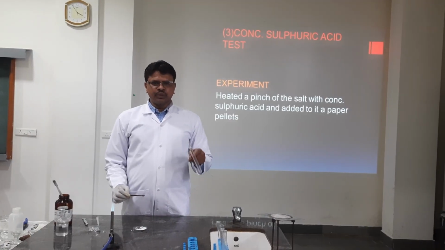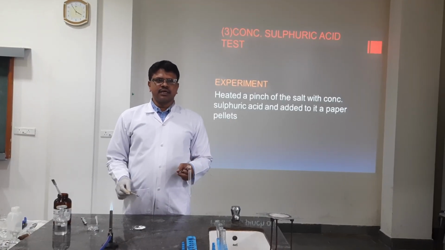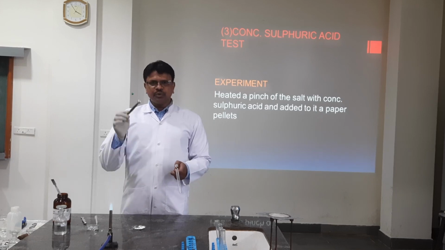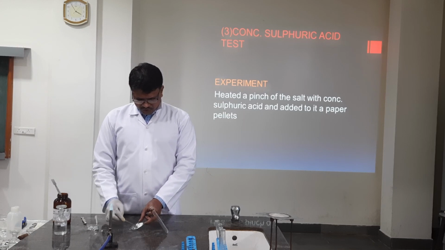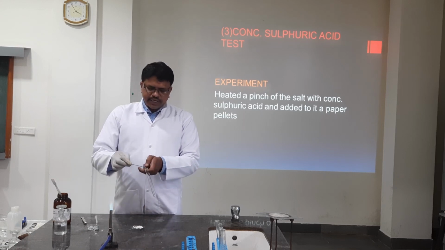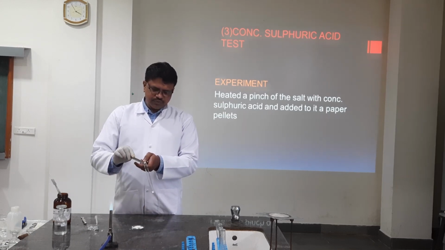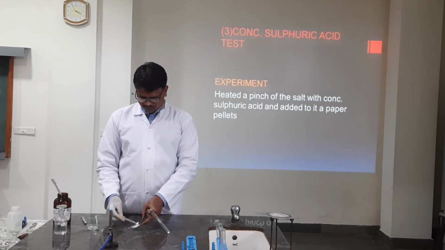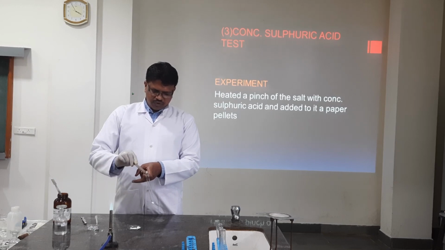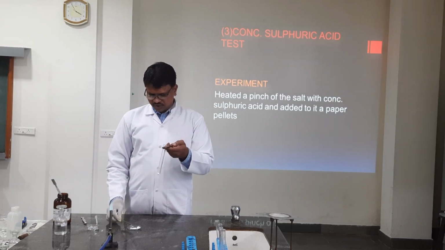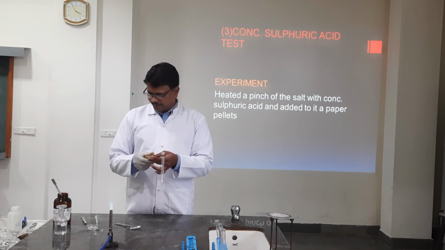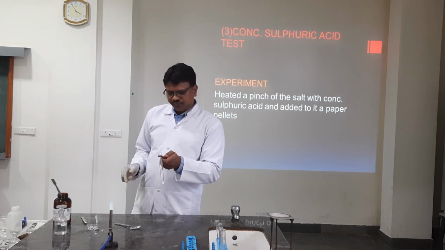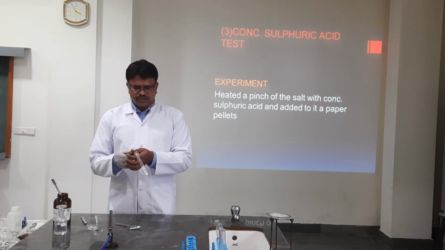So now coming to the third test, that is the concentrated sulfuric acid test. Okay, what is to be done in this test? Here the salt is taken in a test tube. To this test tube, I am going to add concentrated sulfuric acid.